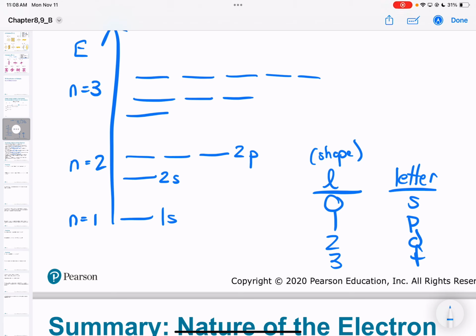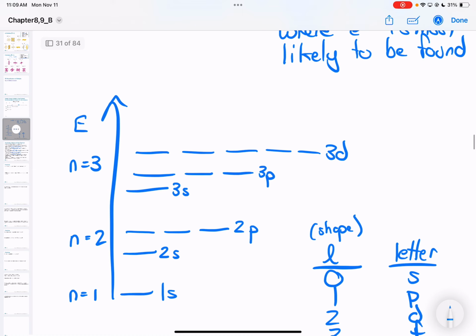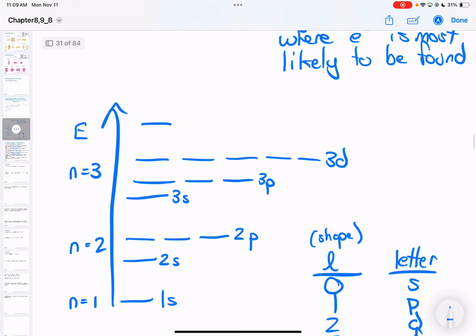Okay, so we had the 3s, the 3p, and the 3d, and hopefully you see that every time we go up an n level, we add another shape. So when we go to the 4th one, we've got 4s. Now at this point, I will tell you the energy gets weird, so I'm going to write energy question mark.